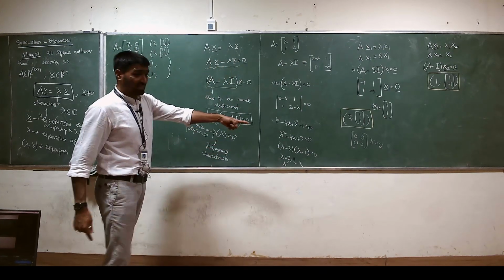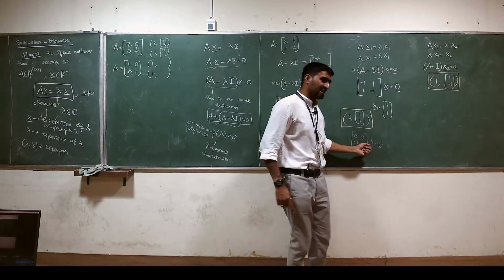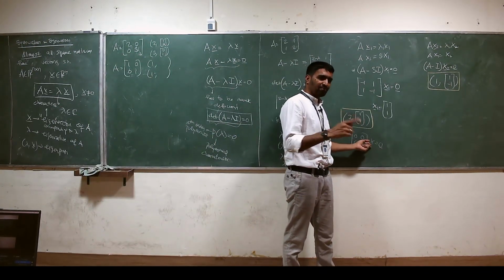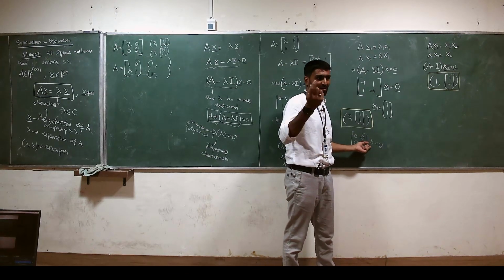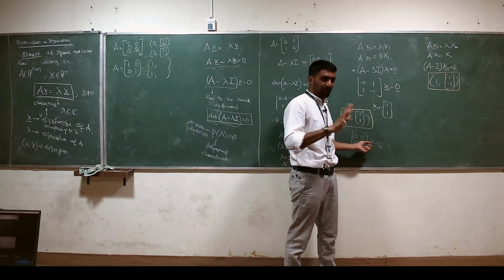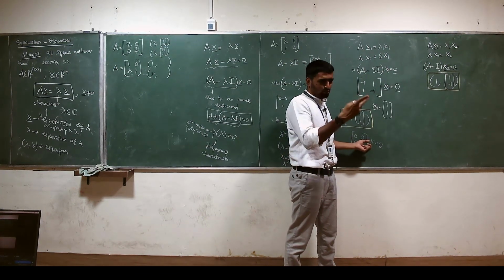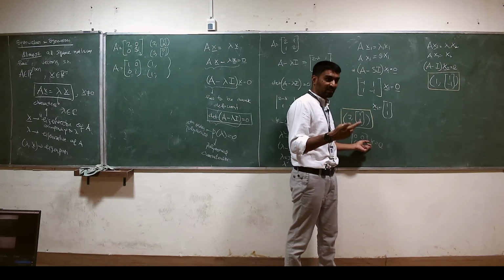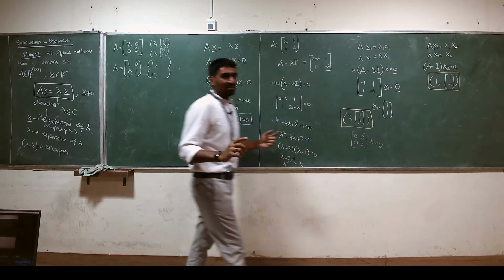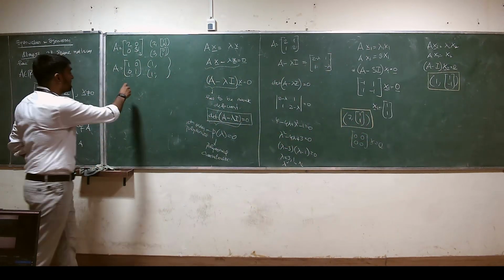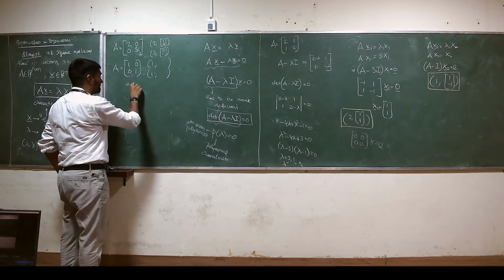So if x can be anything, and x is from R2, a two-dimensional space, we can choose any two vectors. We will choose linearly independent vectors. Then they are eigenvectors of this. In fact, here everything is an eigenvector.